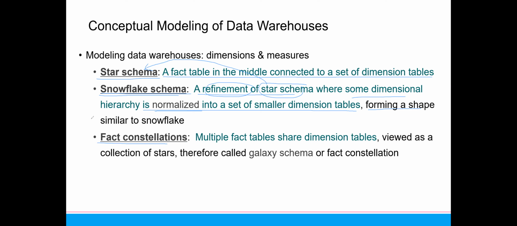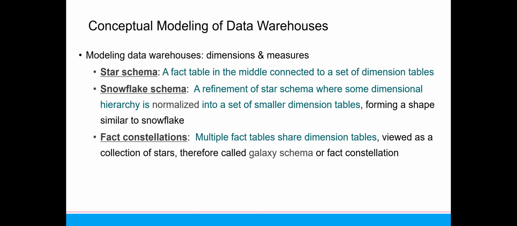It forms a shape similar to a snowflake. Yeah. And we have fact constellation. There might be multiple fact tables that share dimension tables. It is viewed as a collection of stars, therefore called galaxy schema or fact constellation.